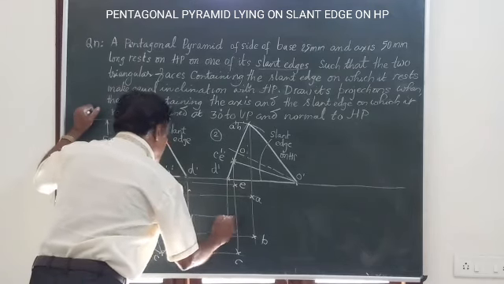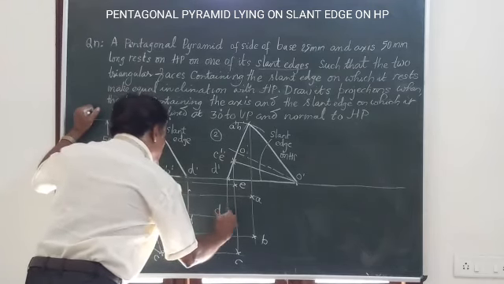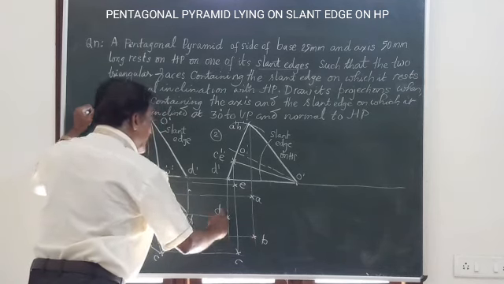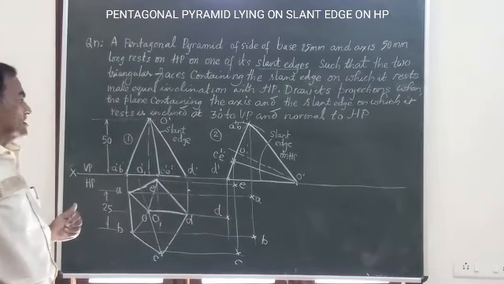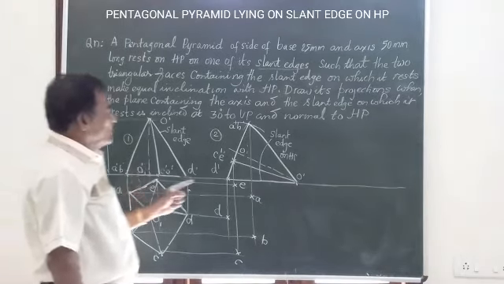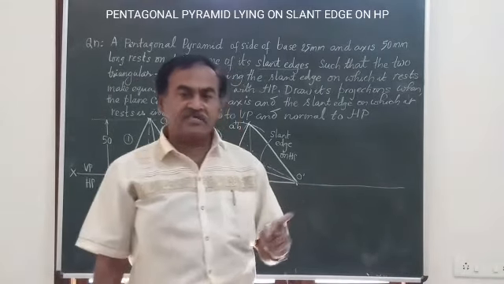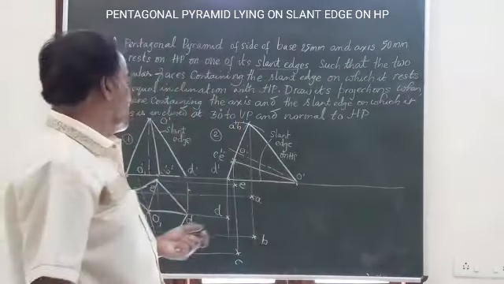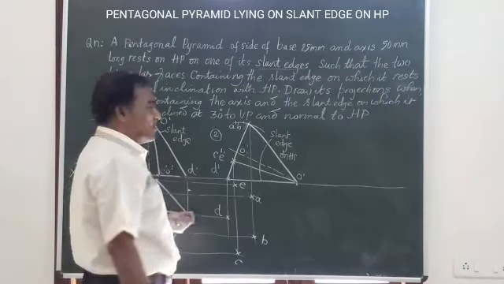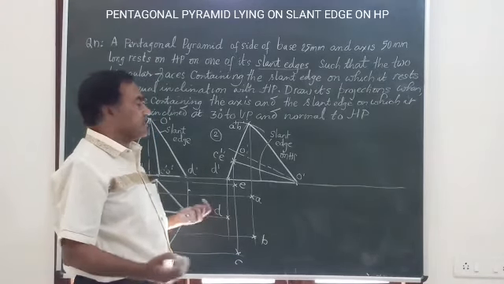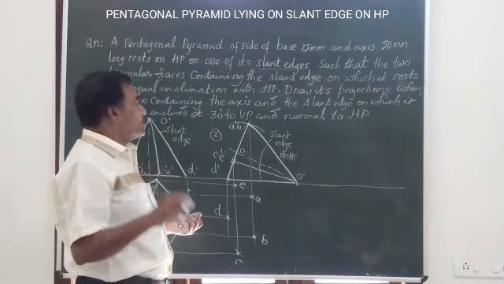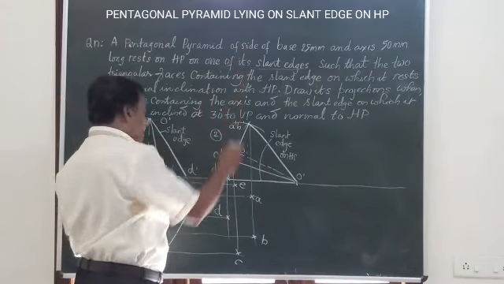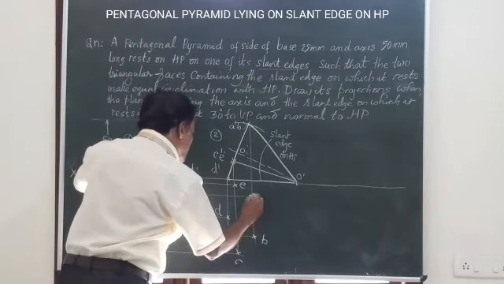The point of intersection will give you D. So you have got A, B, C, D and E, all the 5 corners of the base. Since the object is resting on one of its slant edges, as I told you before, all the 5 corners of the base or all the 5 edges of the base are completely visible to the observer when he sees from the top. So join all these by straight line.